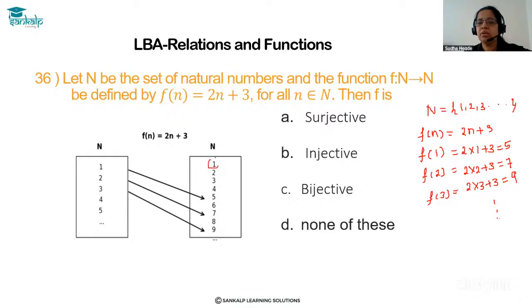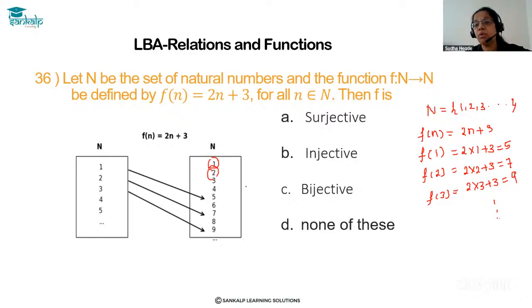So 1, 2 and all these elements do not have a pre-image, right? That means it is not surjective or onto. So the function is 1-1 but not onto.